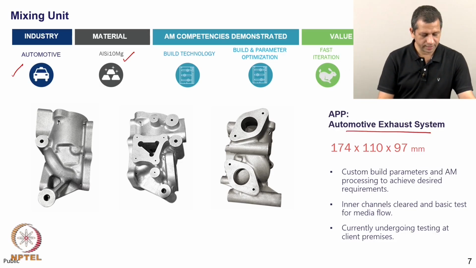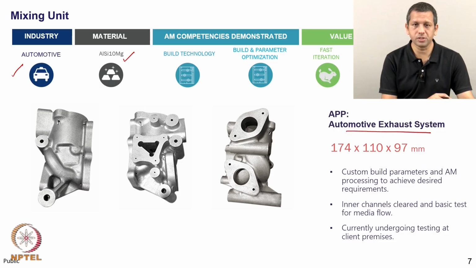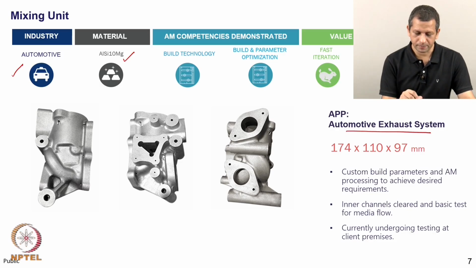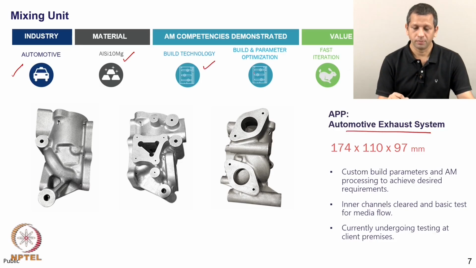It has various channels which are used in the exhaust system, where various fluids, gases are mixed for heat transfer and so on. This particular example is demonstrating how technology can be built for developing a specific component, and how build and process optimization can be done by using additive manufacturing.